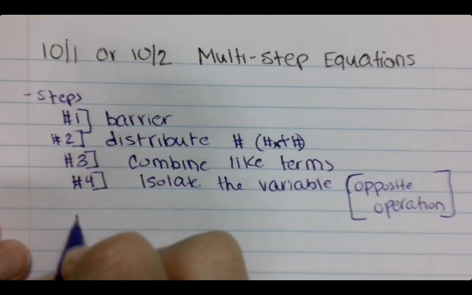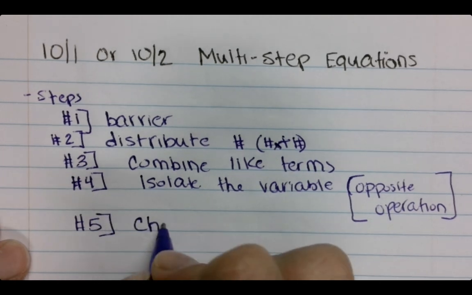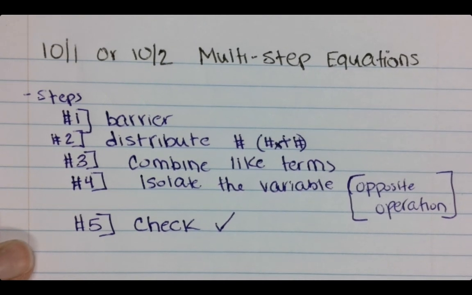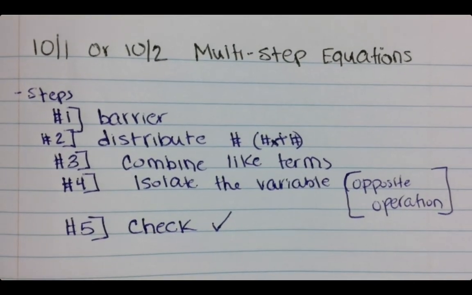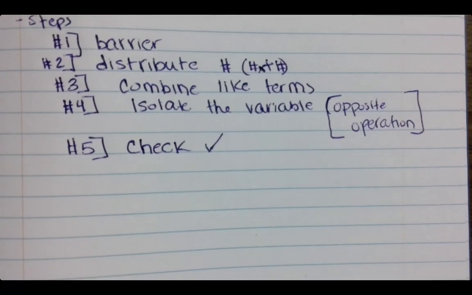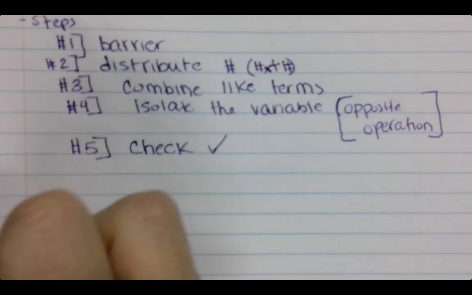All right? And then our last step, as always, is going to be to check. So make sure you have that done, written down, and then we're going to move on to some examples, all right?